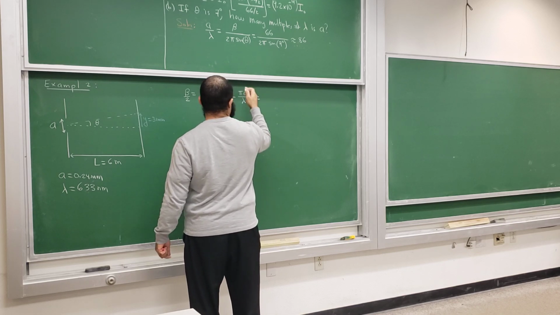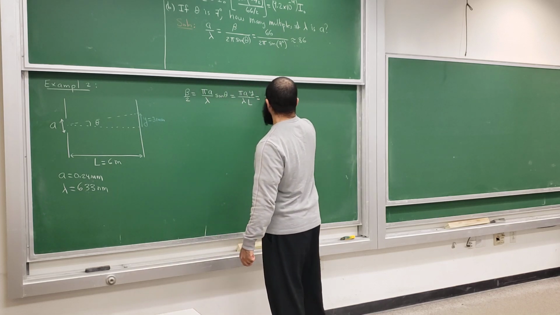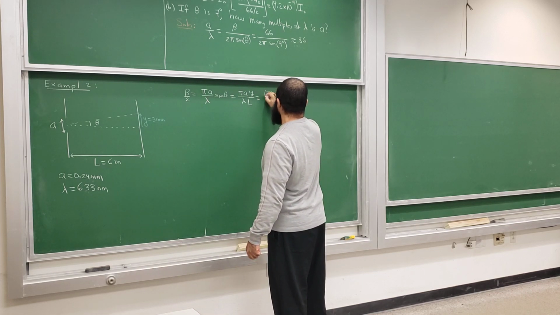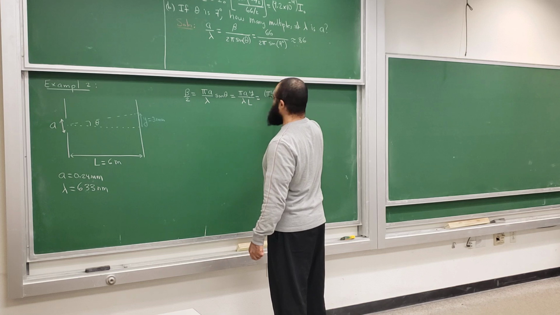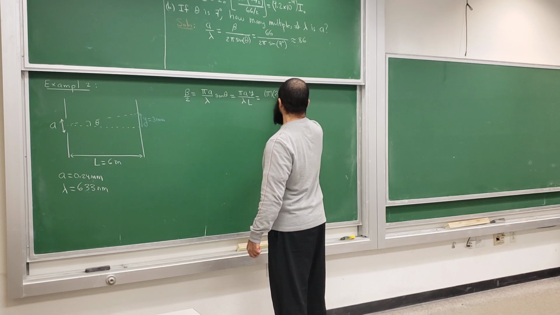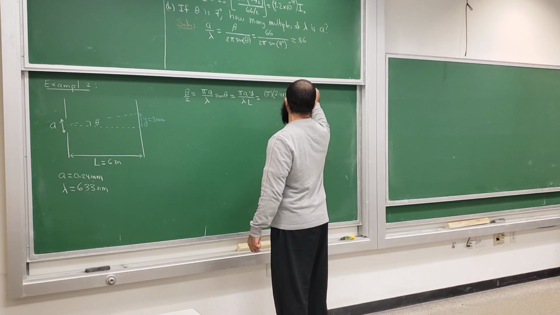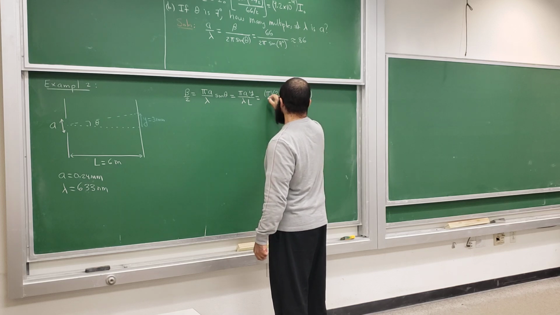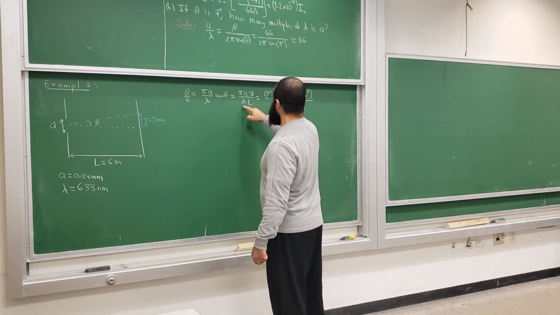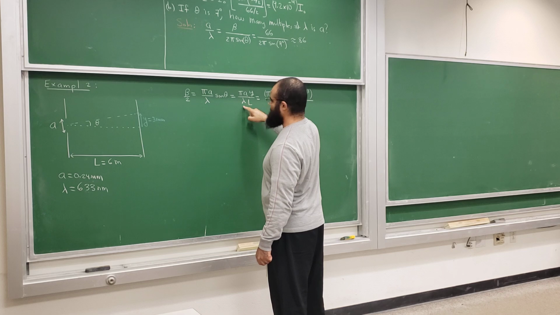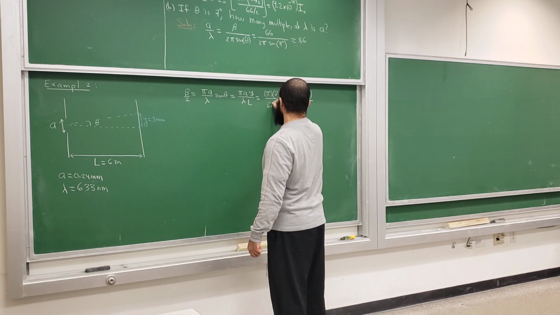Let's plug these numbers and see what we get. We have pi, a is 0.24 millimeters, so that's 2.4 times 10 to the minus 4 meters. Y is 3 millimeters, so that's 3 times 10 to the minus 3 meters. Over lambda, 633 nanometers, that's 6.33 times 10 to the minus 7.